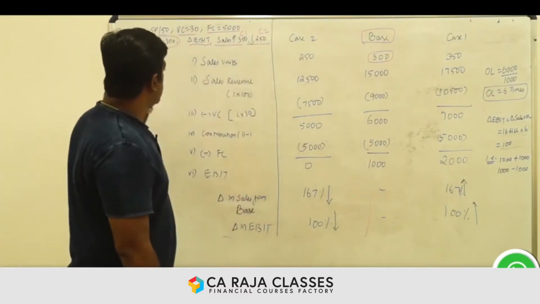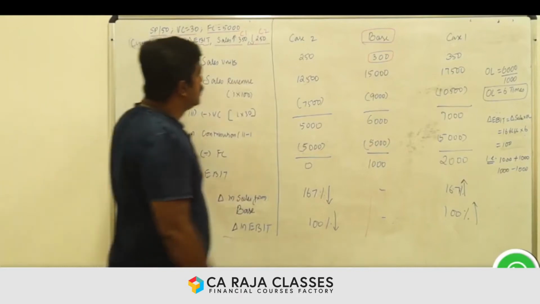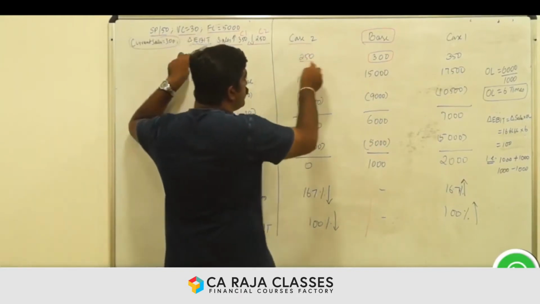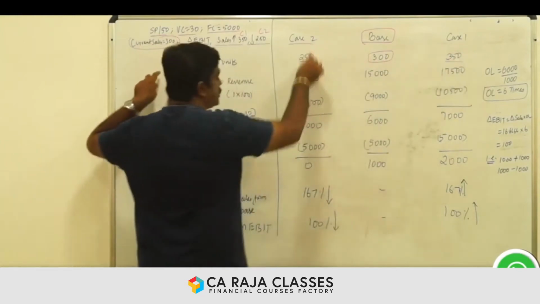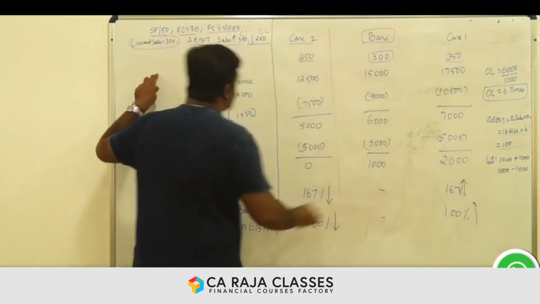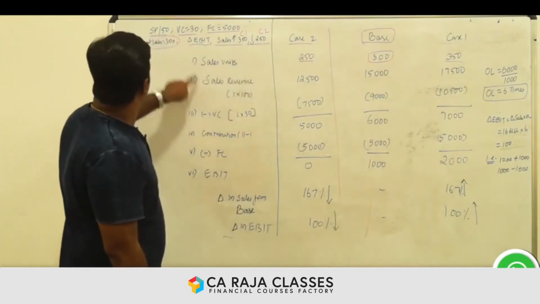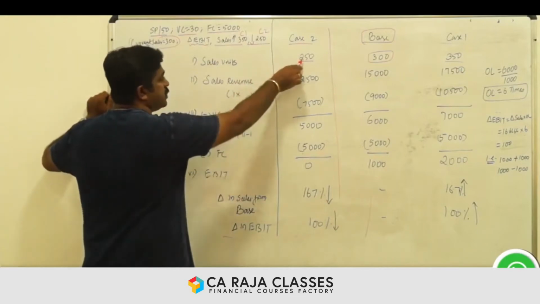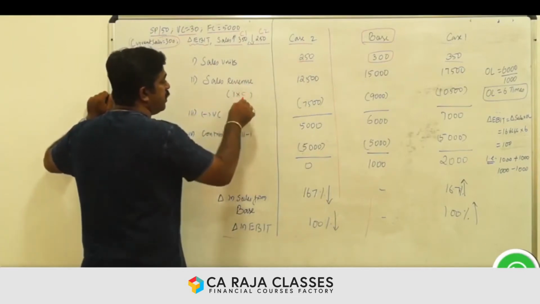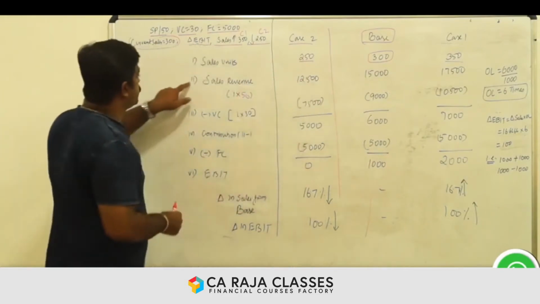Right. Now let's analyze. First, we'll capture the sales units. In case 2, it is 250. Base case 300. Case 1, it is 350. Now let us analyze case 2 first. Sales units are 250. Sales revenue: what is the selling price? It is 50, so 250 into 50, 12,500 is your sales revenue.